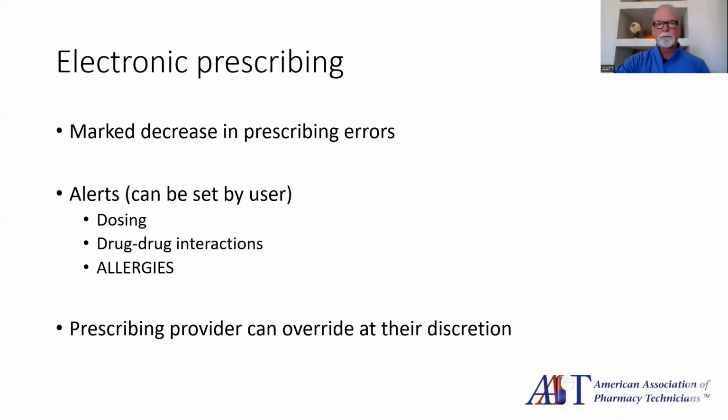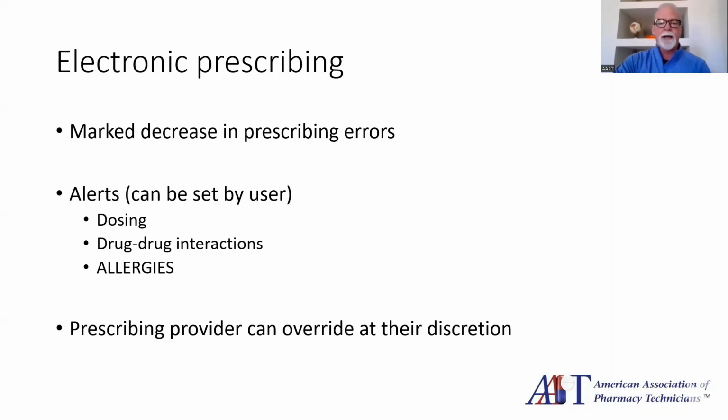If I try to dose a medication that's not within the usual dosing parameters, an alert may fire: hey, are you sure you want to do this? This isn't the usual dose for this medication.